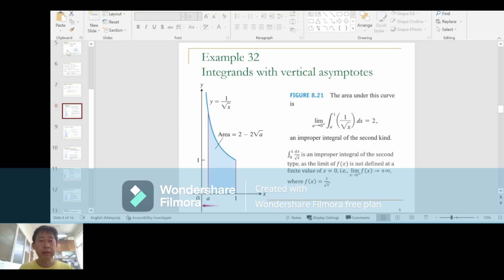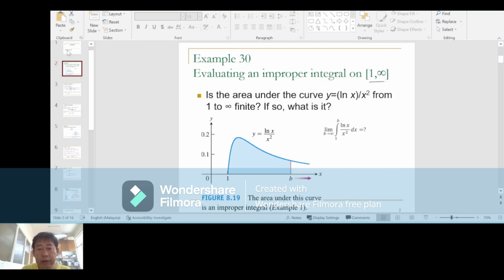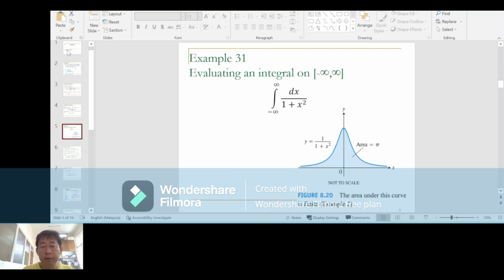In comparison, we have been dealing with improper integrals of the first kind in examples 30 and 31. The integrand functions are all defined within the range of integration from some finite term to infinity or from minus infinity to positive infinity.